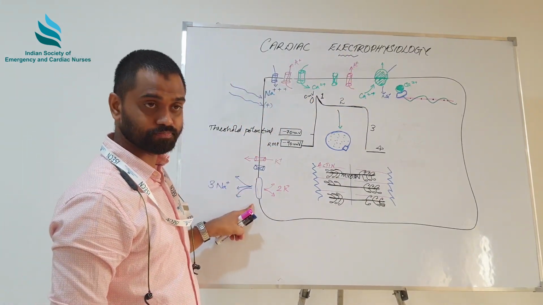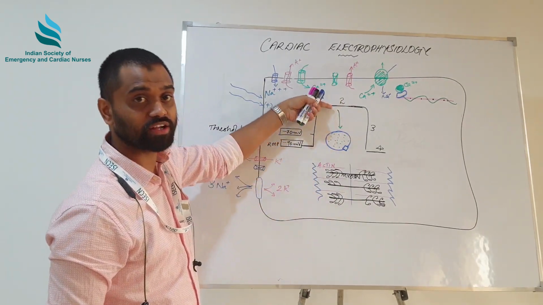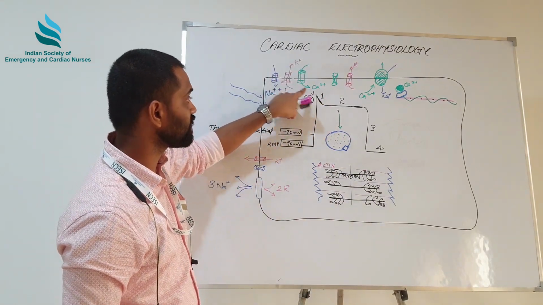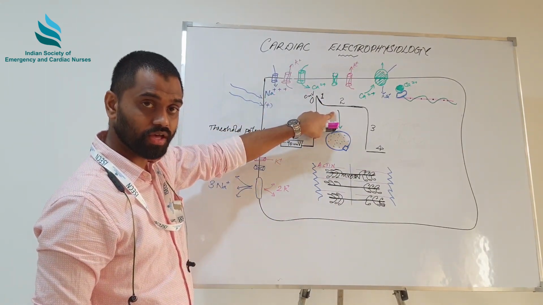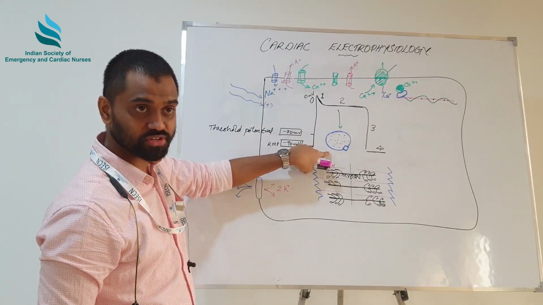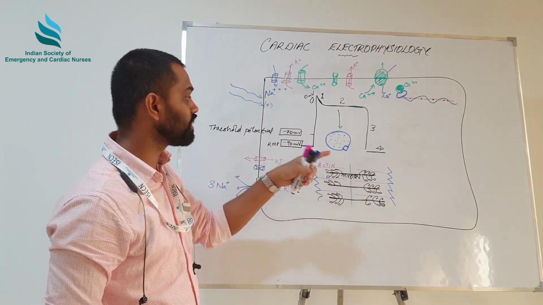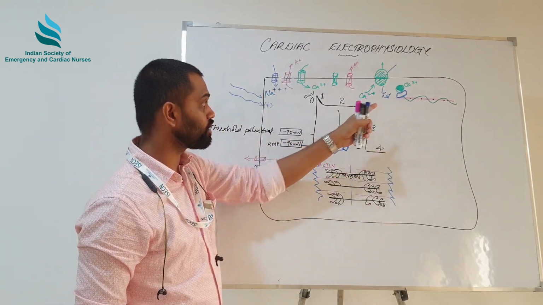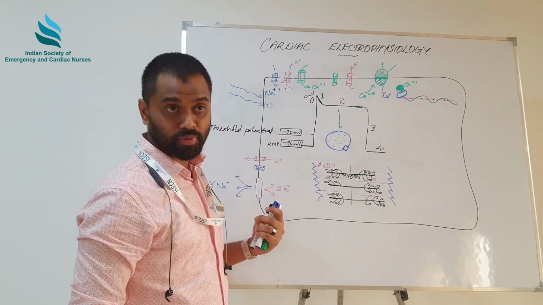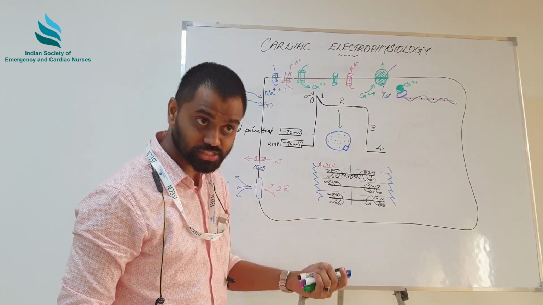And in between, in the plateau phase, we have electromechanical coupling. The calcium which enters the cell in phase 2 and causes the plateau phase stimulates the sarcoplasmic reticulum to release calcium, and the released calcium attaches to the troponin on the actin filament and pulls the tropomyosin filament, which exposes the myosin head binding sites.